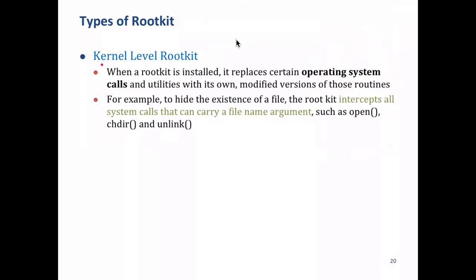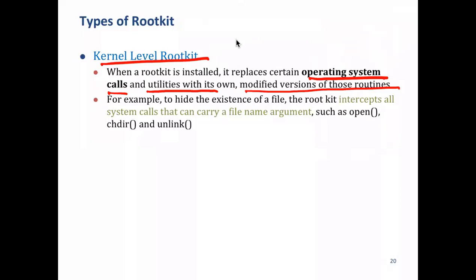And then kernel-level rootkit. It can actually do a lot of things. For example, it can replace OS calls and utilities with modified versions of these routines. When there is a system call, what do you understand by that?